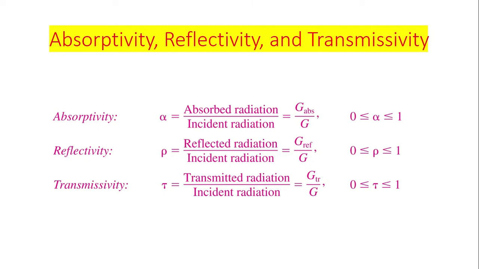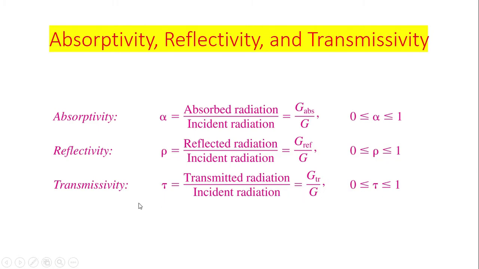So it means that 20% of the incident radiation is absorbed by that particular semi-transparent material. Similarly, the reflectivity is the ratio of the reflected radiation divided by the incident radiation, that is, the flux of the reflected radiation divided by the flux of the incident radiation. It also varies from 0 to 1.